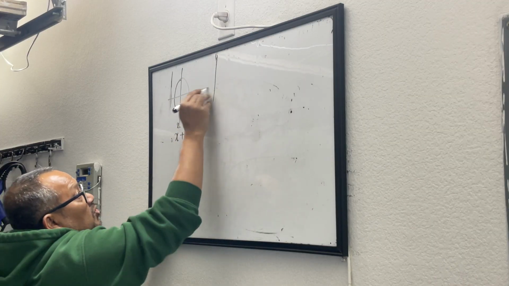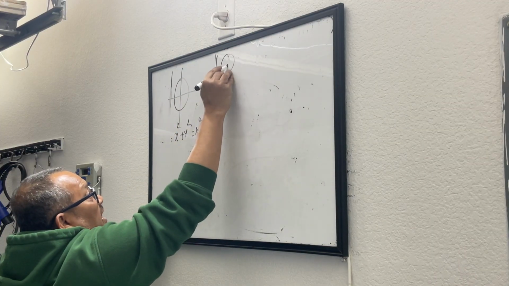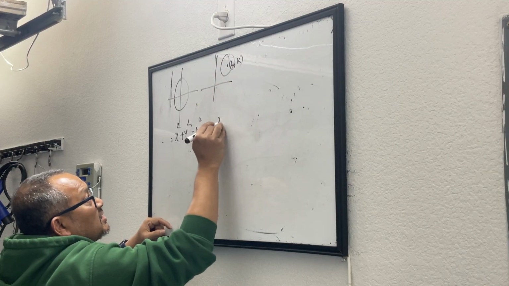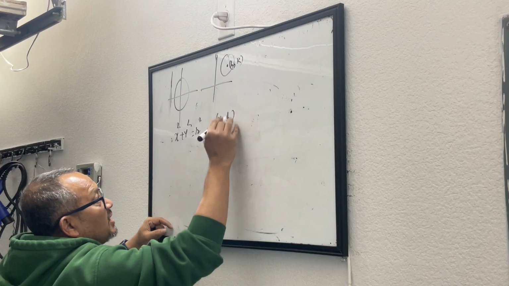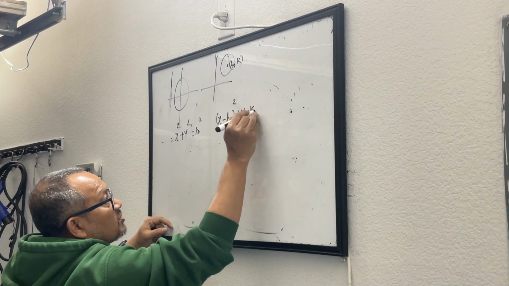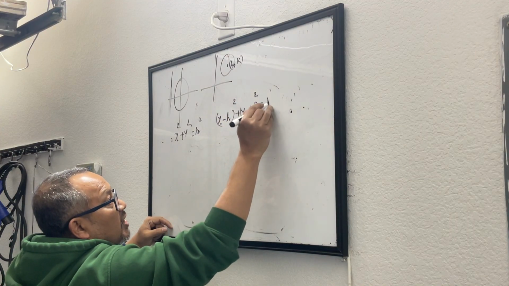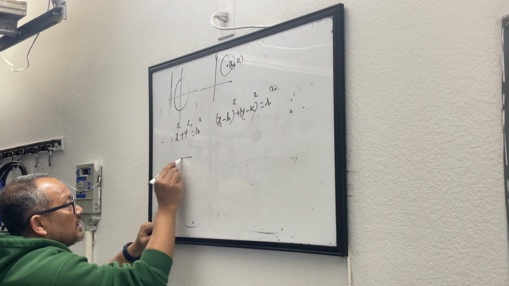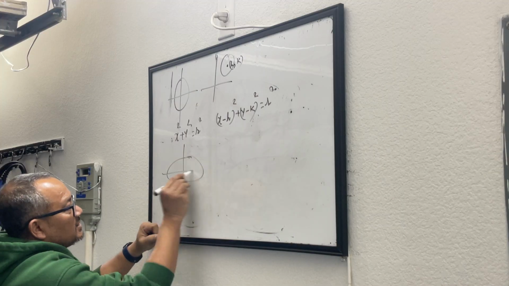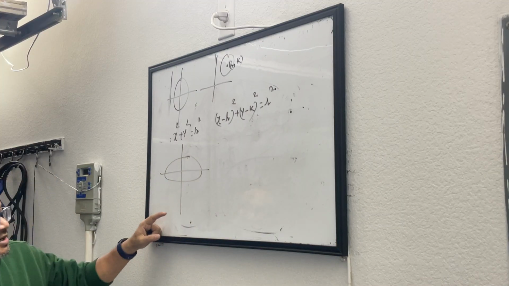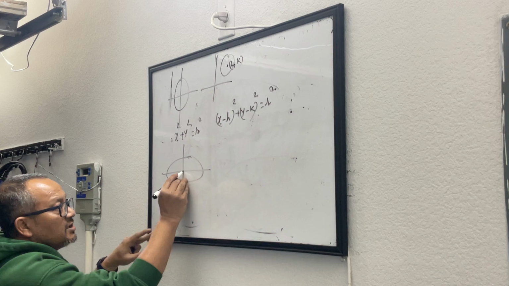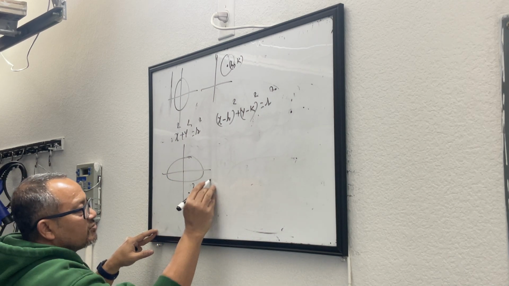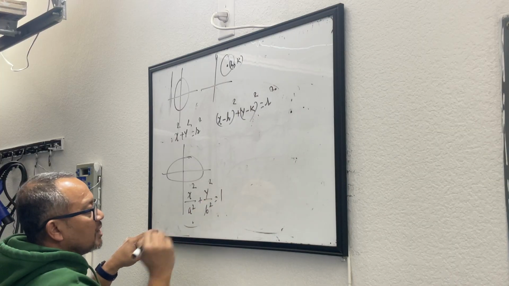If my circle moves to another point and my center has the coordinates h comma k, my circle equation becomes (x minus h) square plus (y minus k) square equal to r square. Same way, if the major and minor axes of my ellipse are coinciding with the origin, then my equation of the ellipse becomes x squared by a squared plus y squared by b squared equal to 1.